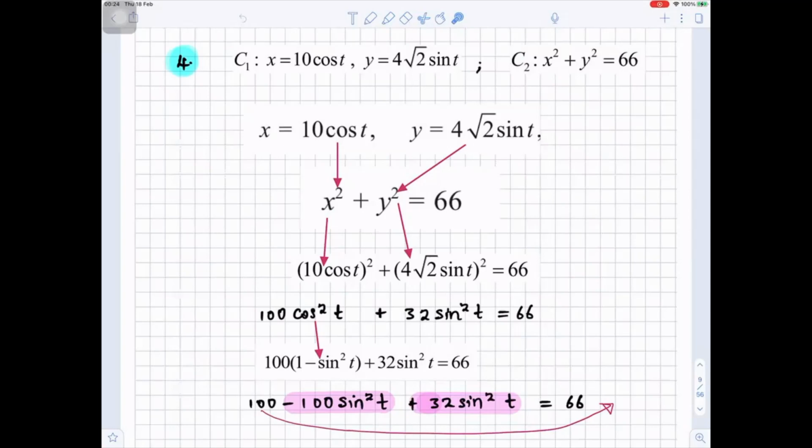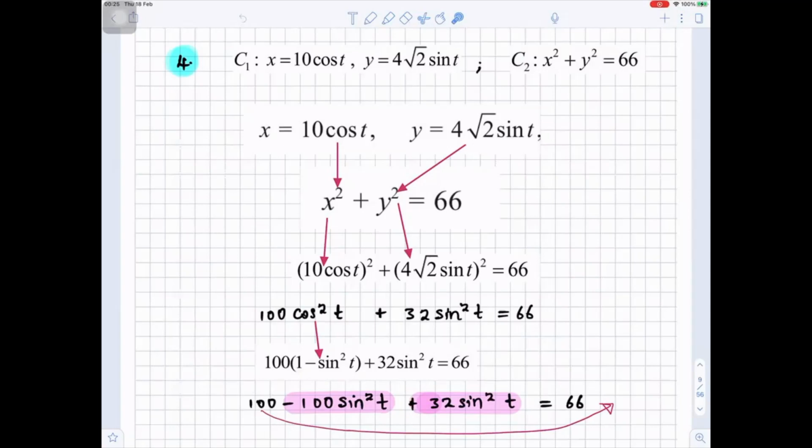We substitute, replacing x with 10 cos t and y with 4 root 2 sine t. So 10 cos t all squared becomes 100 cos squared t. 4 root 2 sine t squared becomes 32 sine squared t, equals 66. We replace cos squared t with 1 minus sine squared t.